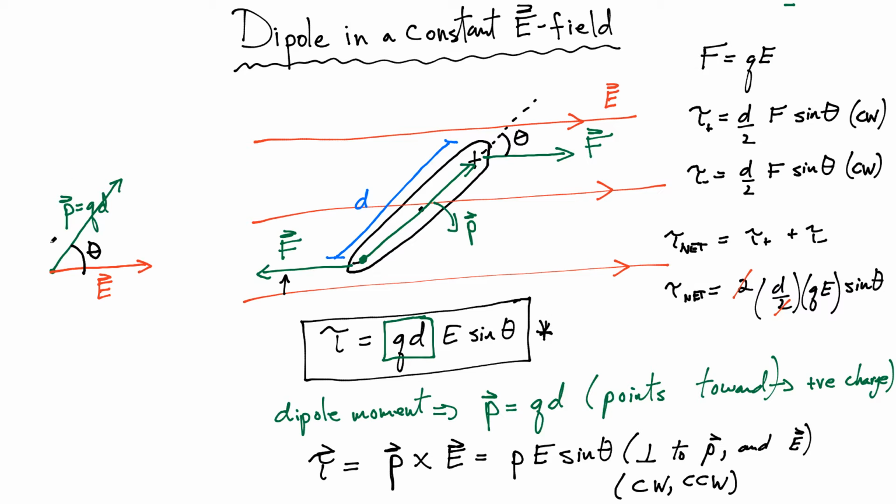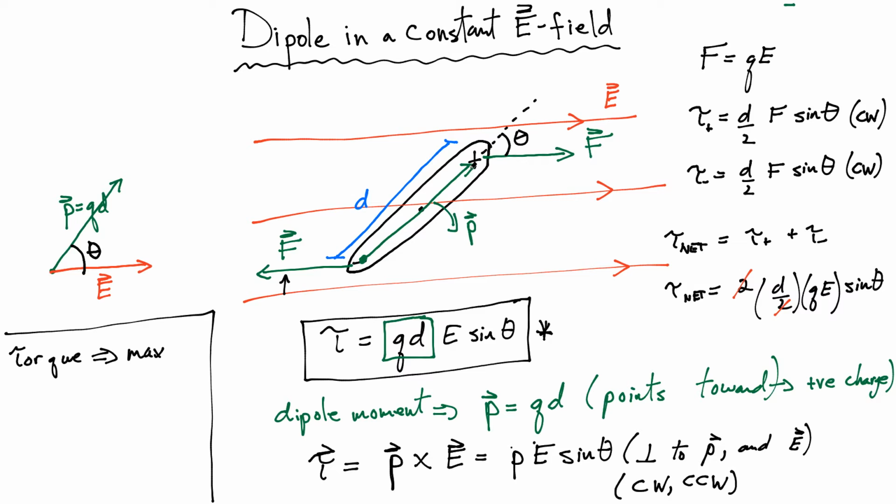So there you have it, folks. There's the torque produced by an electric field on a dipole. It depends on the angle, right? We have our general equation here, which is P E sine of theta. So we have a couple specific cases to look at. For example, when is the torque a maximum value?